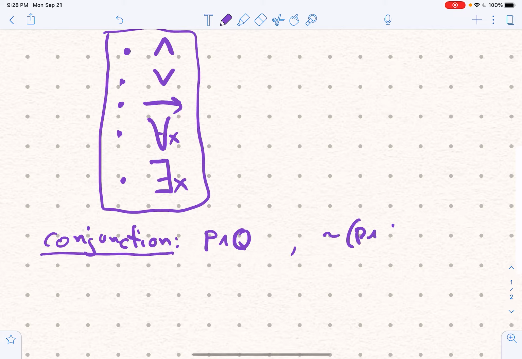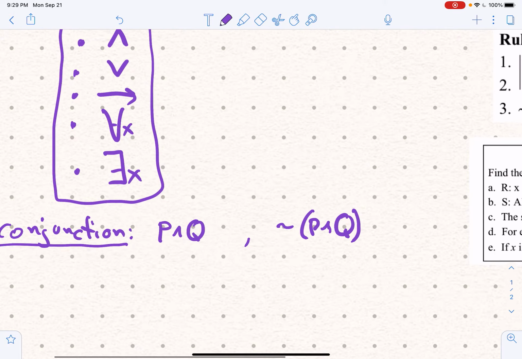If it is not the case that P and Q are both true, that's what the negation means, then at least one of them has to be false. So what we have is either not P is true, that is, P is false, or not Q. Q is false.